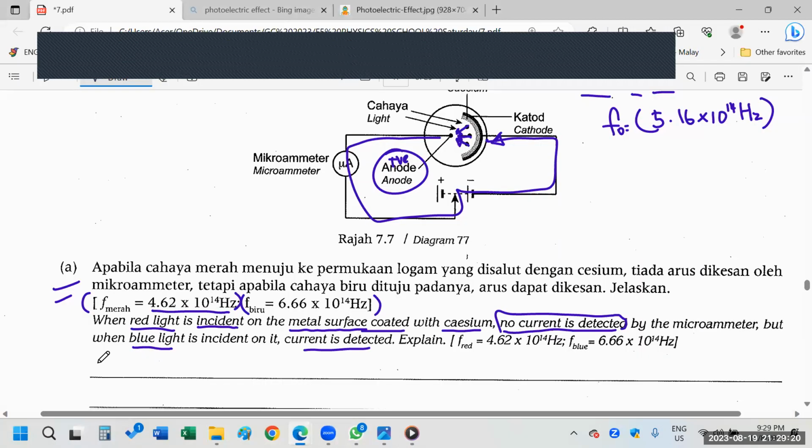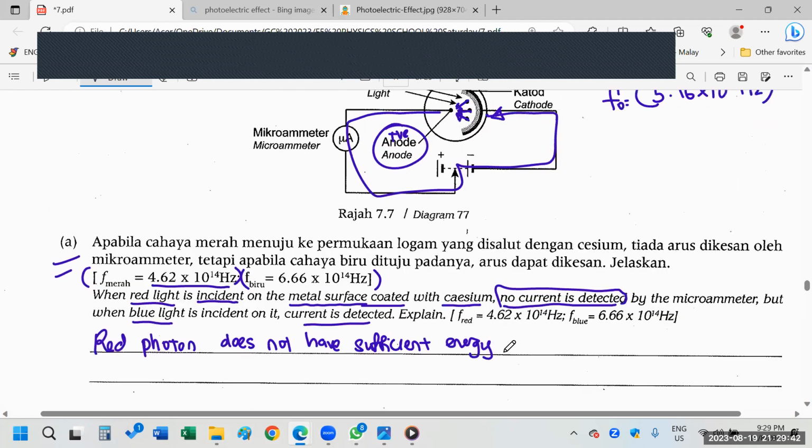Because they don't have sufficient energy. Okay, so red light means red photon does not have sufficient energy to emit an electron. What does it mean?